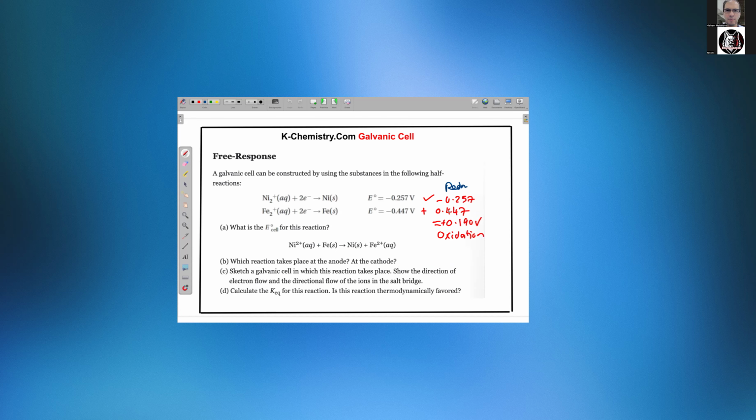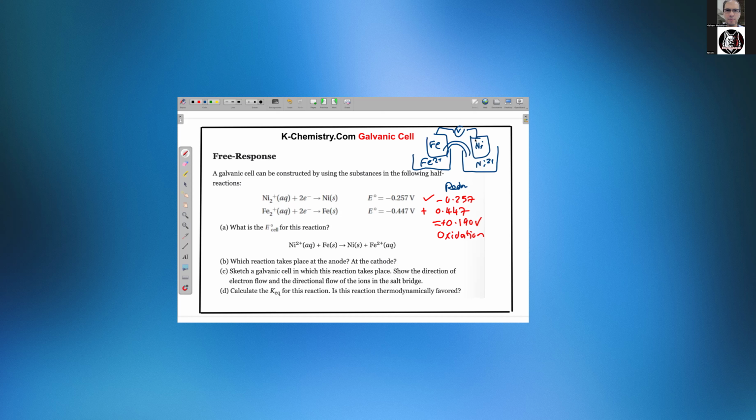So what is inside the container? One of them contains what? Nickel and nickel. So which metals do I have? I have nickel inside nickel solution, and then iron inside iron solution. Don't forget the salt bridge, the voltmeter, and everything.